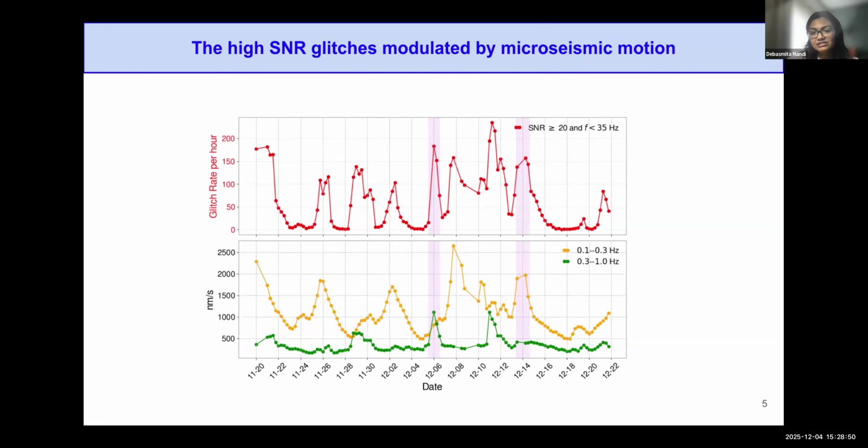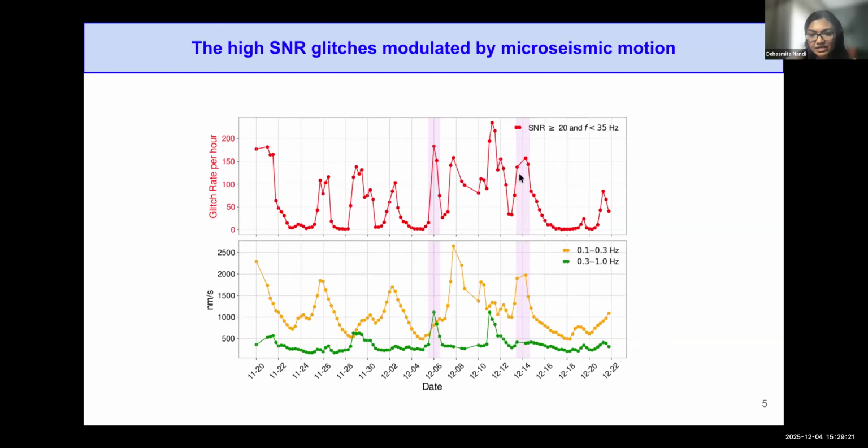And since Livingston is so close to the Gulf of Mexico, we get more affected by this microseismic ground motion than Hanford. And from this plot we can see that both these bands of motion are creating these glitches, because there are certain peaks in the glitch rate which are pretty closely aligned with the high amount of ground motion in the 0.3 to 1 hertz band.